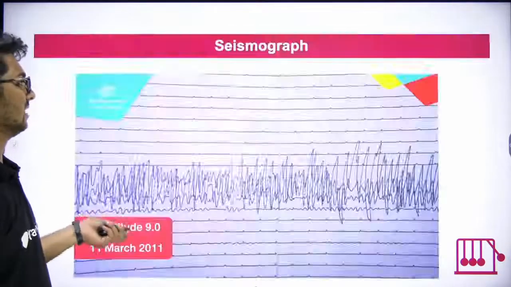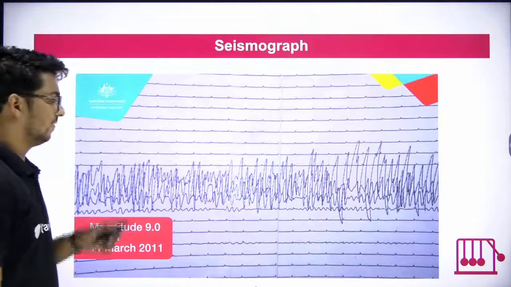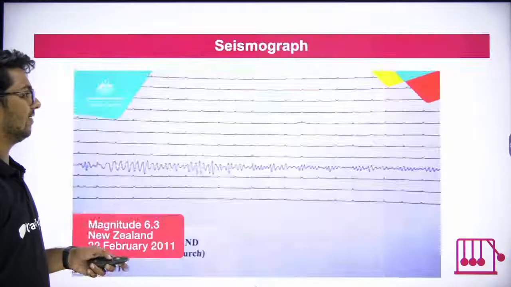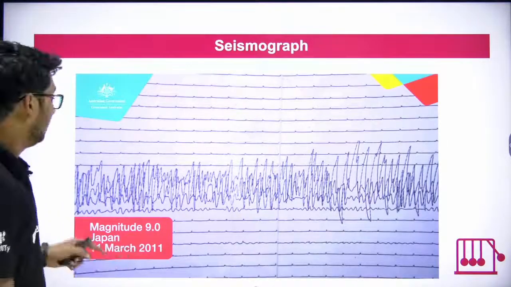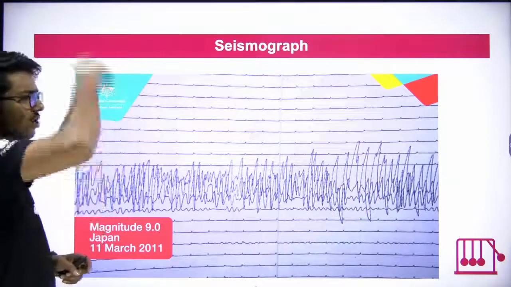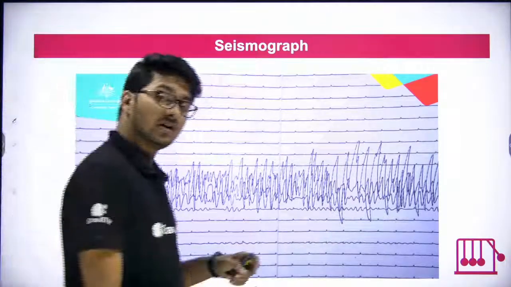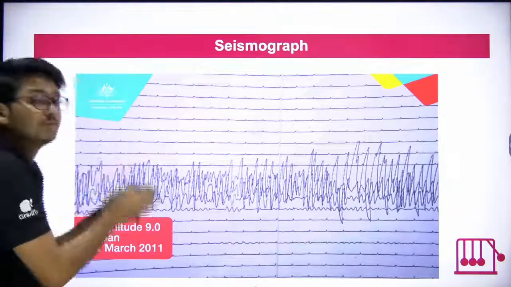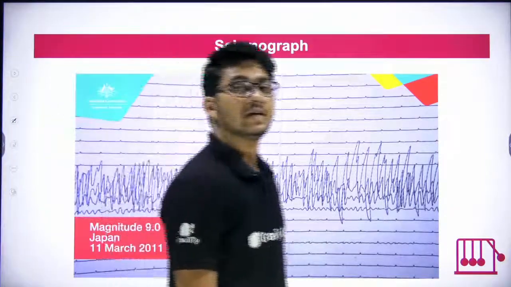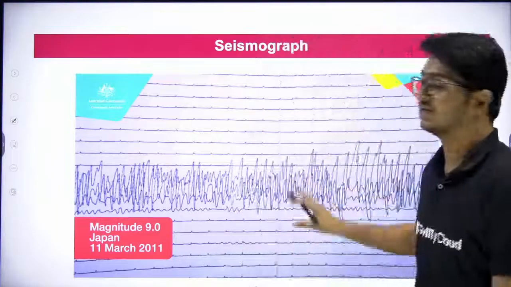We have another example also. If I compare this and this, there is a difference. Here the graphs are huge, the waves are huge. That means the shaking is huge, and the earthquake is more powerful in this case.